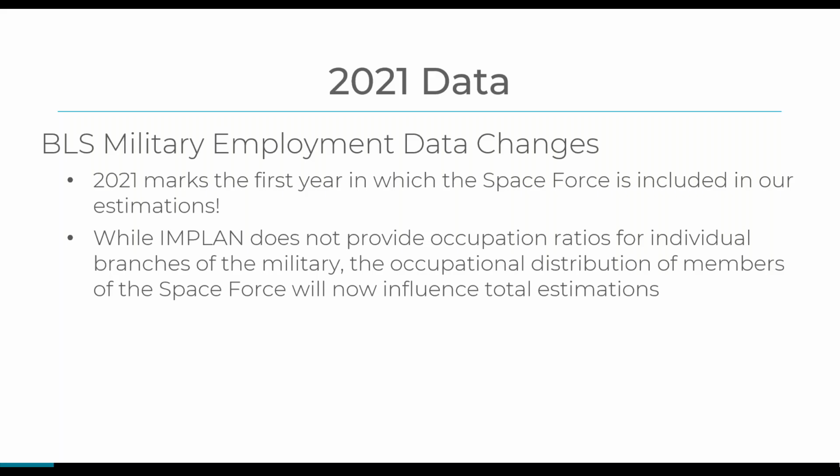As a note, we don't provide occupation ratios for individual branches of the military because our base IMPLAN industry scheme does not separate the military by branches, but the inclusion of another block of data will shift that distribution, how many military members hold each occupation. By volume, these changes weren't hugely impactful, but it is a change in the source data and thus we wanted to surface it to you.